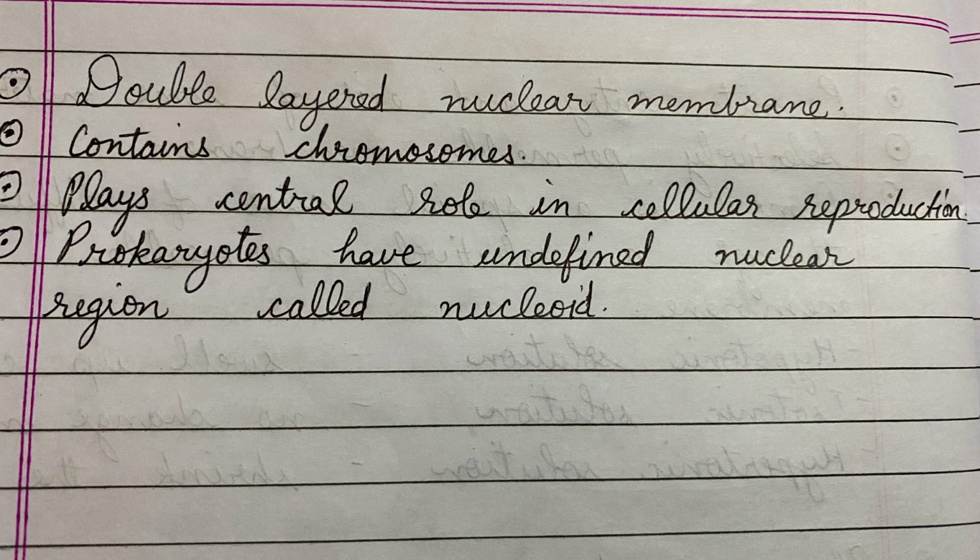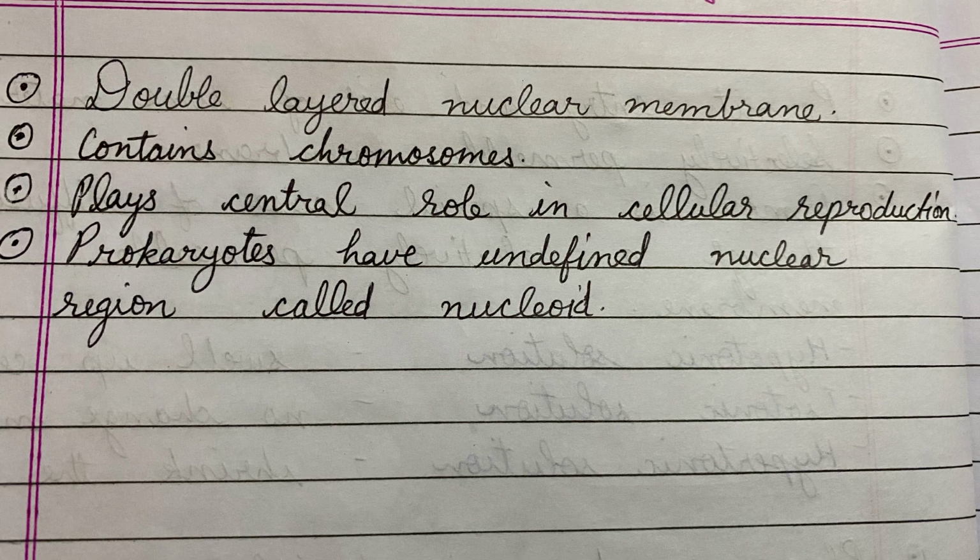DNA has genetic information which carries hereditary information from one generation to another. Nucleus controls the cellular processes. It plays a central role in cellular reproduction. In prokaryotes, they have an undefined nuclear region called nucleoid.